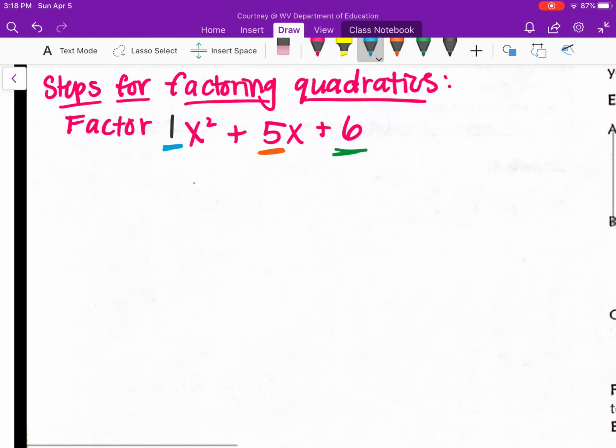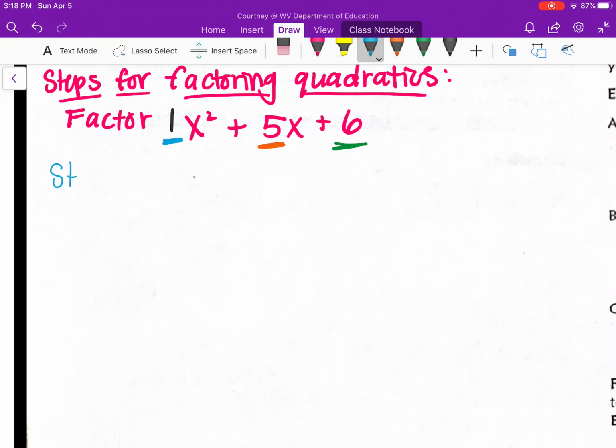So the first step here, step 1 to factoring quadratics, is to draw two sets of parentheses. Two sets of parentheses.